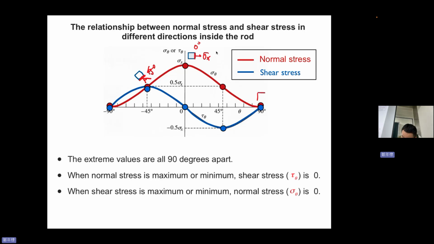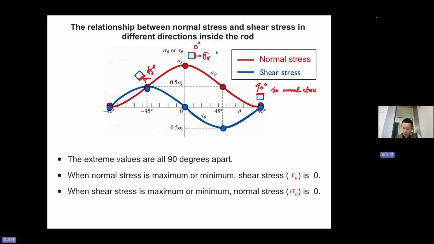and this one is theta equal to 90 degrees. So at this surface, there is no normal stress on that surface.